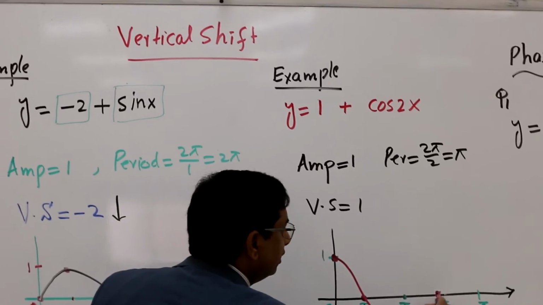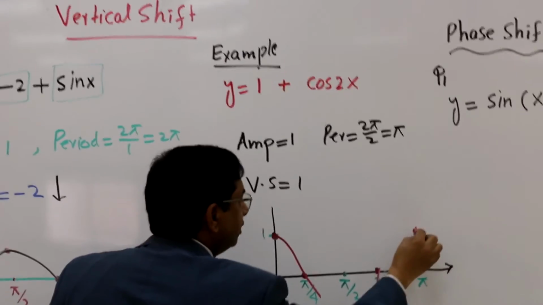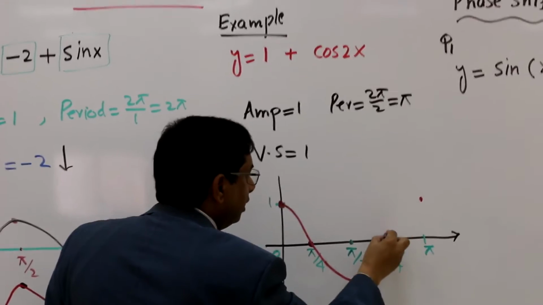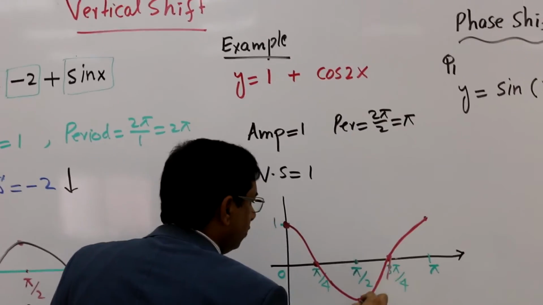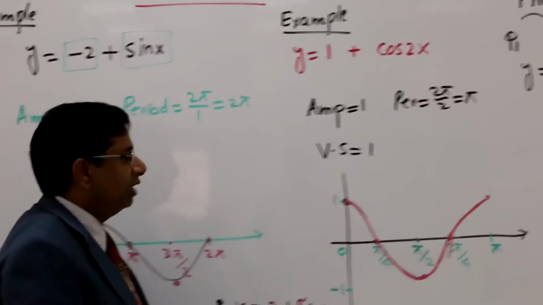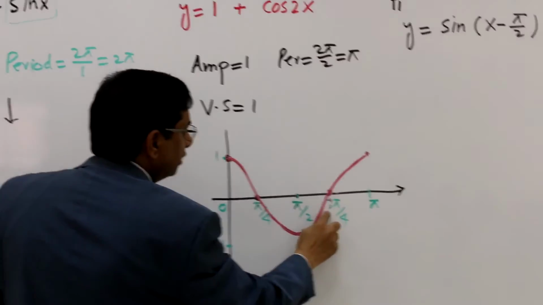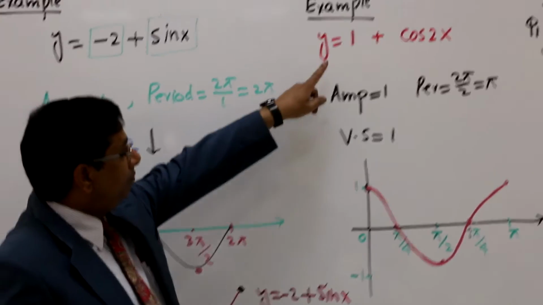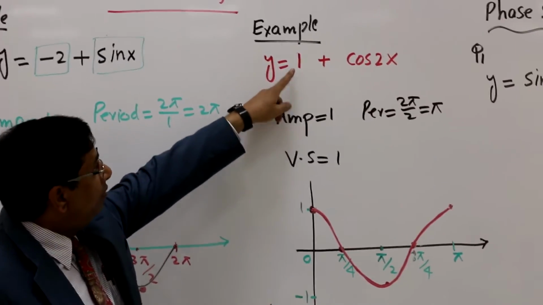This one here, this point here, and this approximately, okay, accepted. So this is the graph for the cosine function.